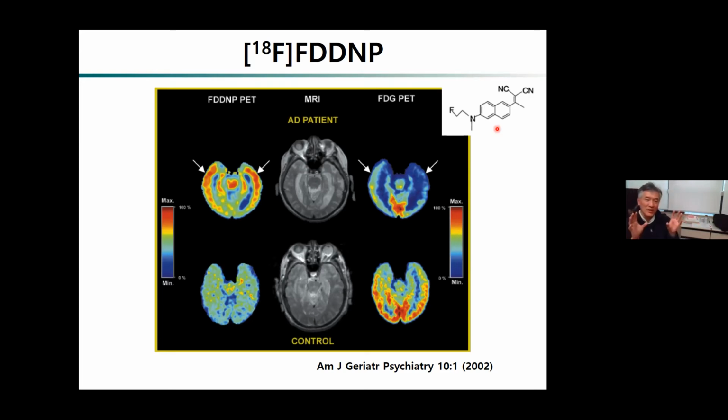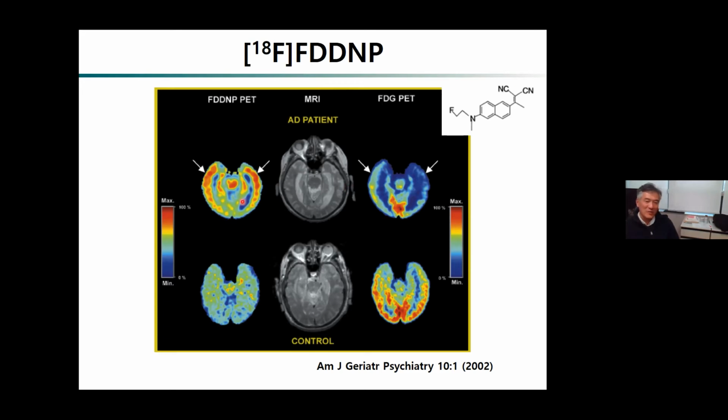Even if we can do amyloid plaque imaging and also tau imaging, that can give more information than this kind of complex imaging from the patient.